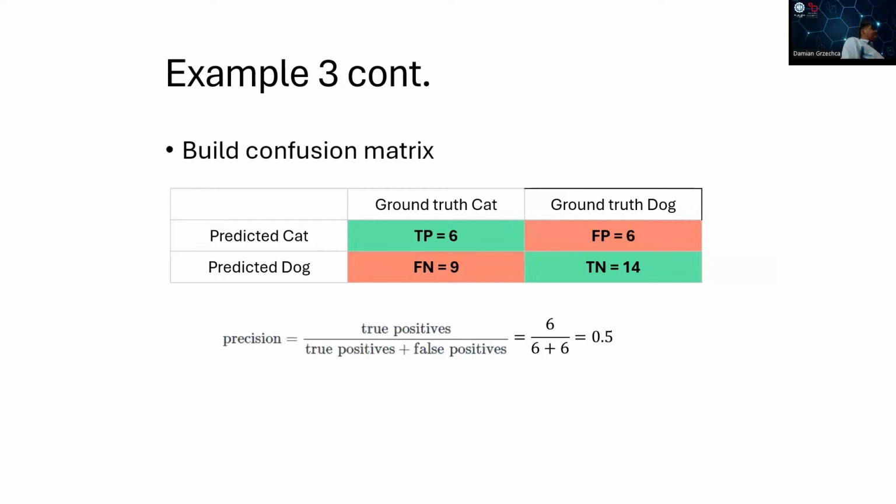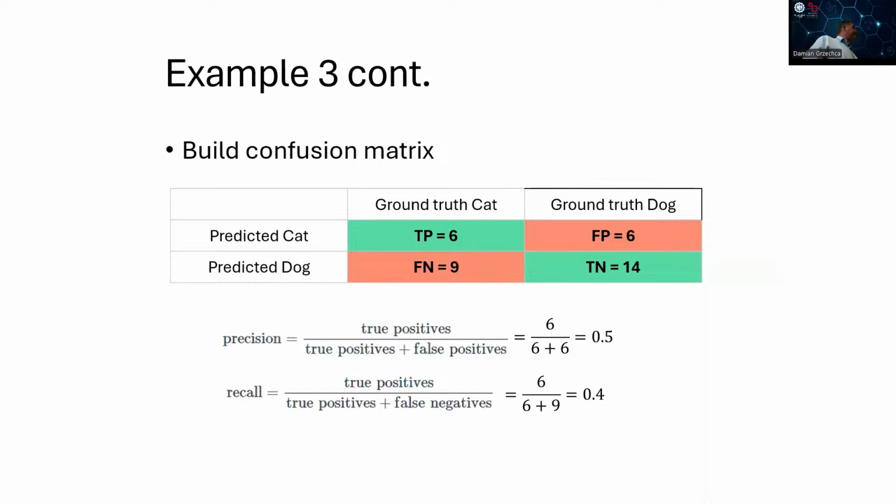And recall, the coefficient recall, is true positives divided by true positives plus false negatives. So it's 6 divided by 9 plus 6, which is 0.4.